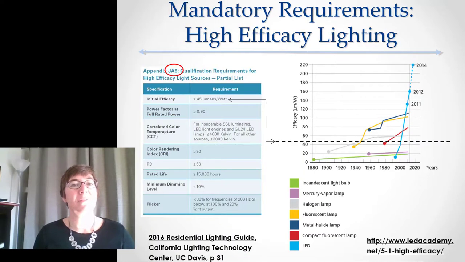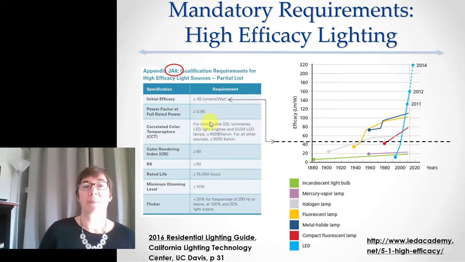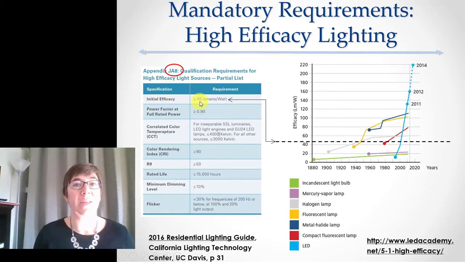So let's look at the first kind of mandatory requirements, and that's for high efficacy lighting. California requires lights to have an initial efficacy, right here in this table, of greater than or equal to 45 lumens. Okay. They require all lights that you specify to meet some requirements called JA8.